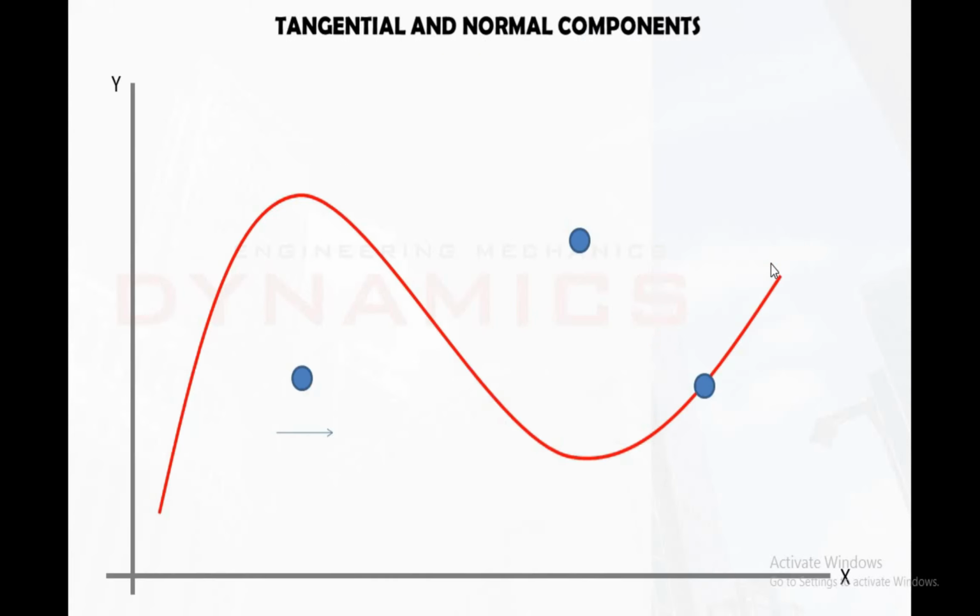Paano siya? I just want to show you here, if this is the particle along the curve path, pansinin ninyo, kung yung particle nandyan sa point na yan, and it moves, di ba yung normal line, it passes through the center of curvature.